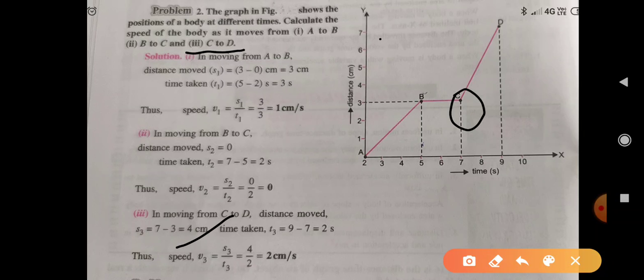So 4 centimeter distance covered and time taken is 9 minus 7, which is 2 seconds. Now speed is equal to distance upon time. 4 upon 2 will be 2 centimeter per second.